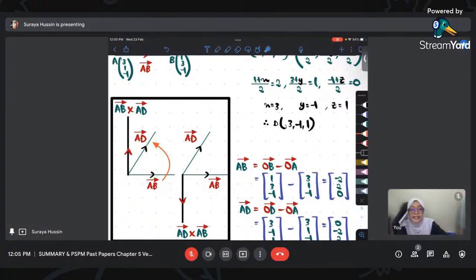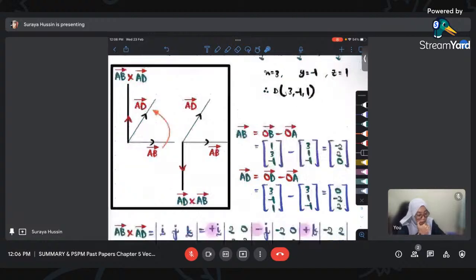Itulah kod ayat dia. Anti-clockwise. So you akan nampak AB cross AD sebab dia start dari bawah. So start dari bawah, thumbs up. Okay. Start dari AB going to AD, thumb up. Faham ya?